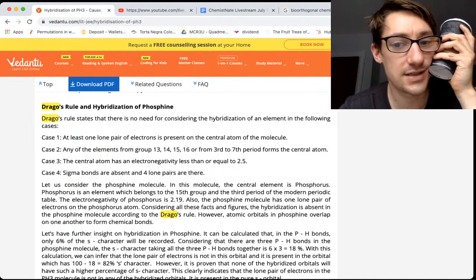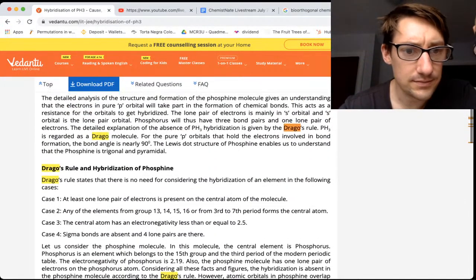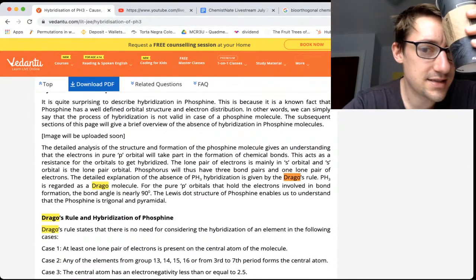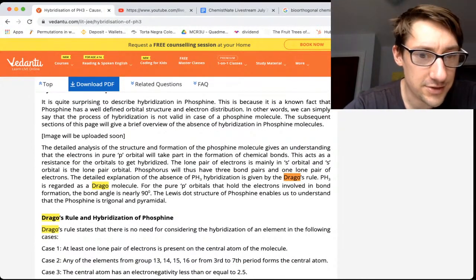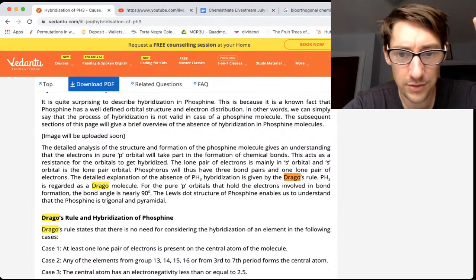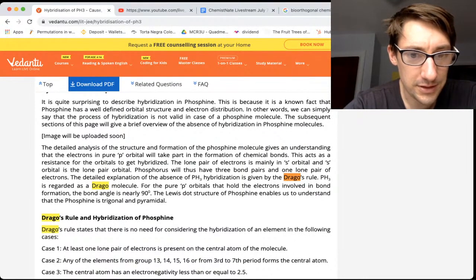Okay, but who cares? The detailed analysis of the structure formation of phosphine gives an understanding of the electrons in pure P taking part in the formation of chemical bonds.